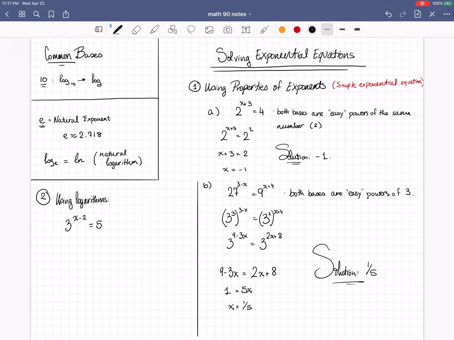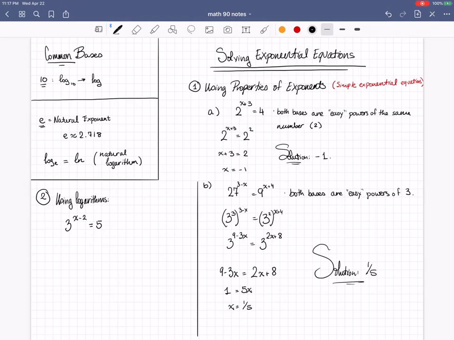All right, so that's all very well and good when the bases are kind of easy powers of the same number. But if we move on to something like what we see in number 2, where we have something base 3 on one side and 5 on the other. Now, you could actually use logarithms to write 5 as a power of 3.